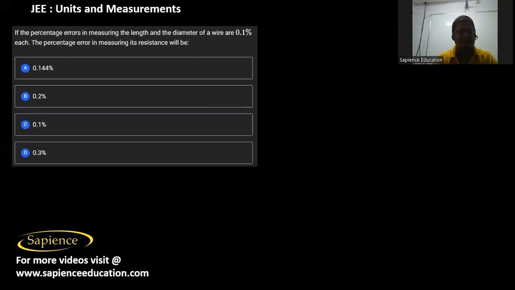Then here it is told if the percentage errors in measuring the length and the diameter of a wire are 0.1% each, the percentage error in measuring its resistance will be.